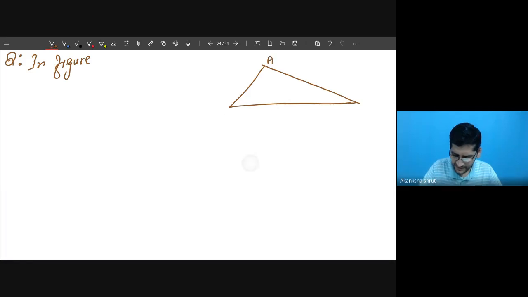Consider this as A, this as B, this as C. Let us consider this point as D. It is not touching anything, but it is just a line drawn from vertex B, which is the angle bisector. And this angle is given as, let me take this as 30 degrees.